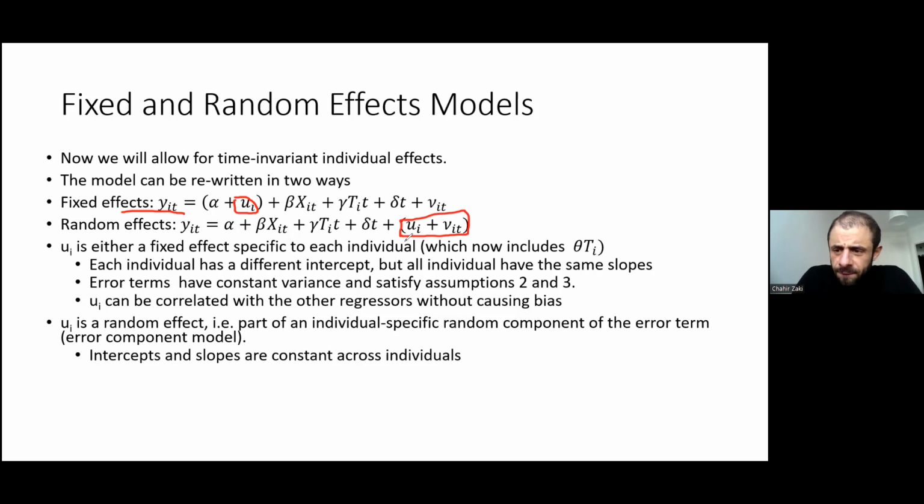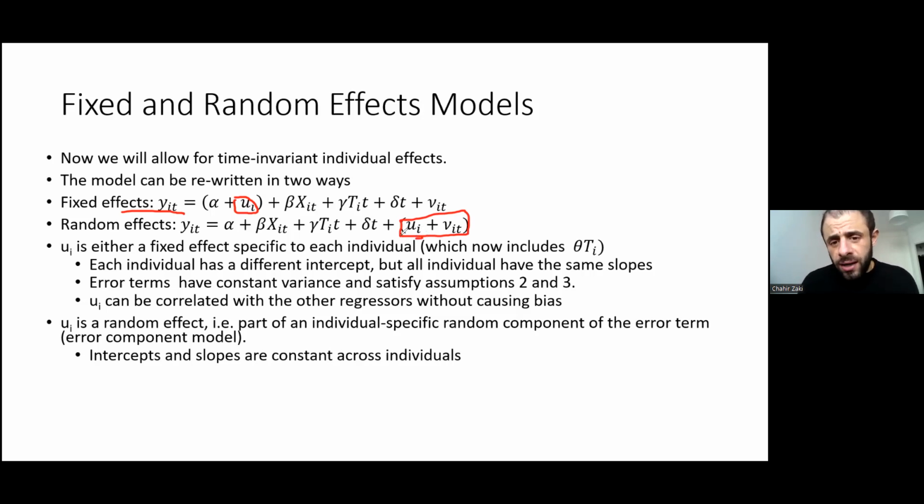What do you think? To have a constant variance. That they have a constant variance, but is it the case here? And not to be correlated with X. Exactly, not to be correlated with X. Why?